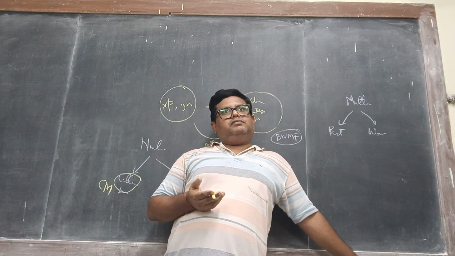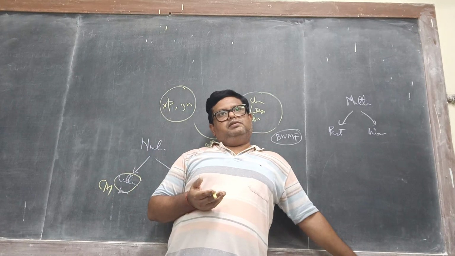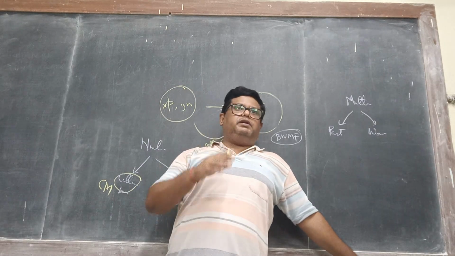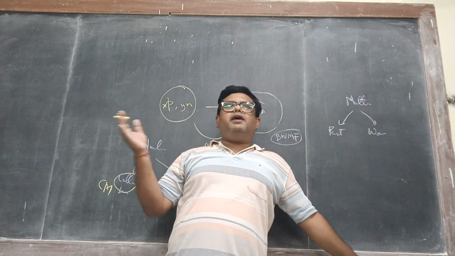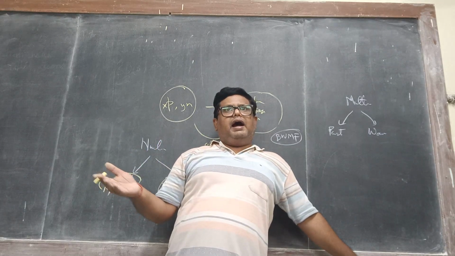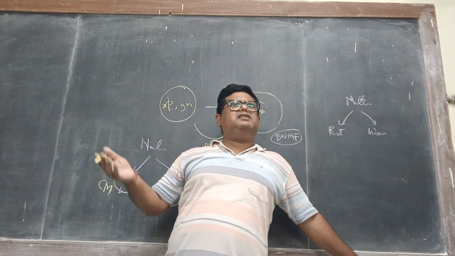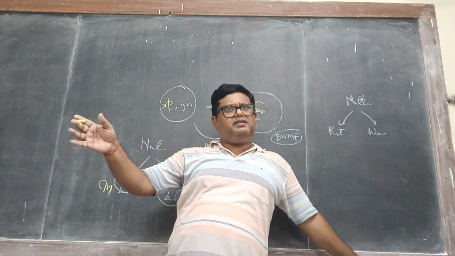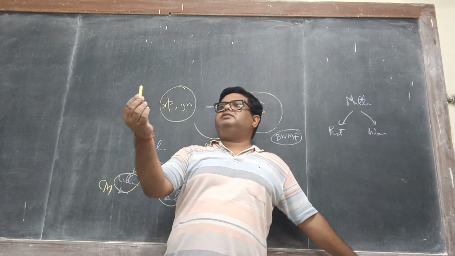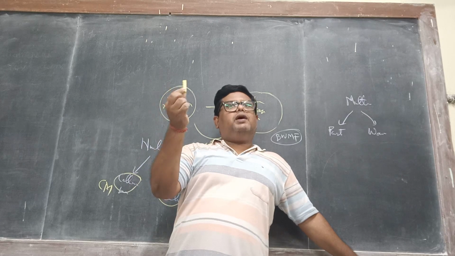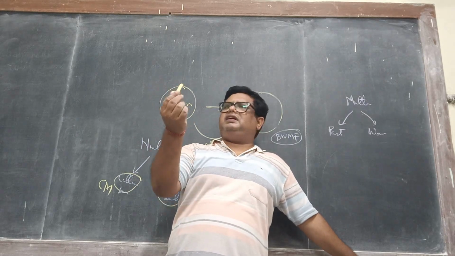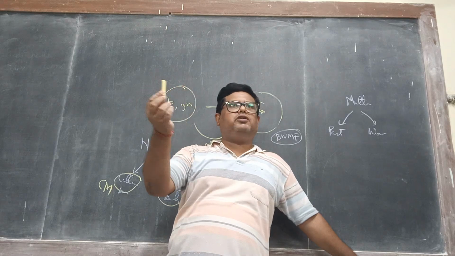To explain one particular property, there is one model. Now, let me tell you. If I know something, I don't have to use different types of mechanisms to understand that thing, right? Suppose this is a chalk. What is this chalk? I know this is made up of atoms and molecules and all that.